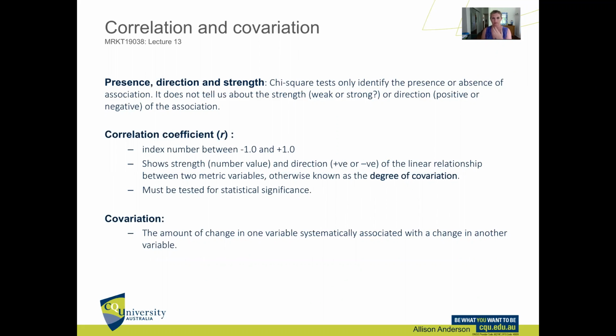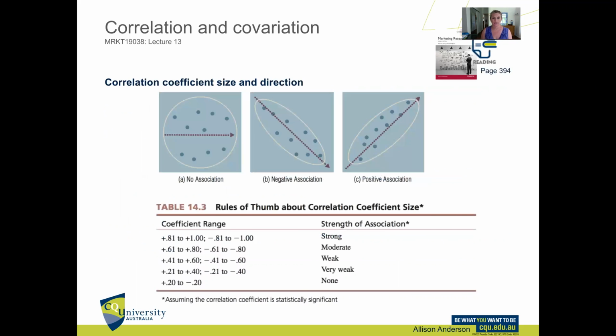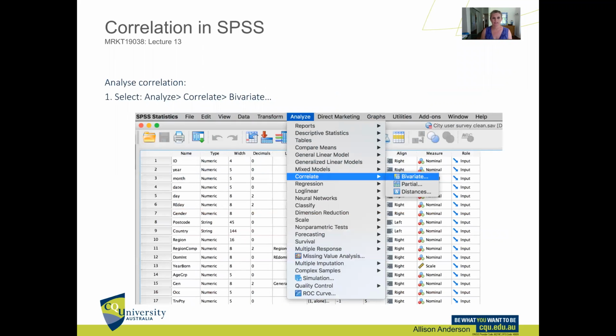It doesn't work because there's no understanding of the distance between each value, so it can't measure correlation. This is only for scale data, ratio and interval data. So you select Analyse, Correlate, Bivariate.